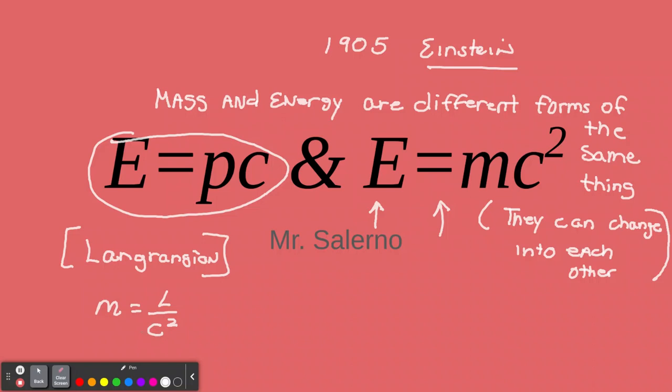So let's break down the equation on the right first, E equals mc squared, and then we'll do E equals pc. Let's get a clean page here. Maybe we'll go red. Just going back to Lagrangian, so we understand that: the L for Lagrangian is T minus V. It's the total kinetic energy of a system.